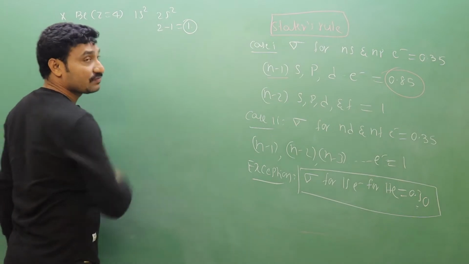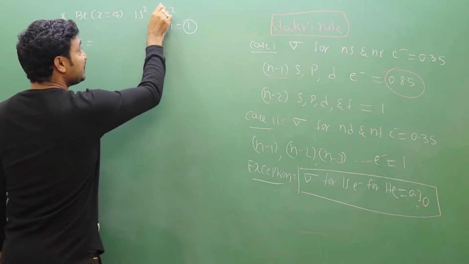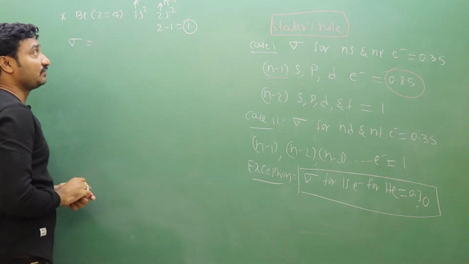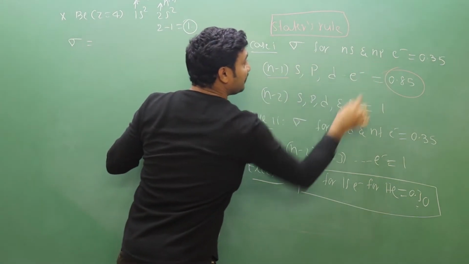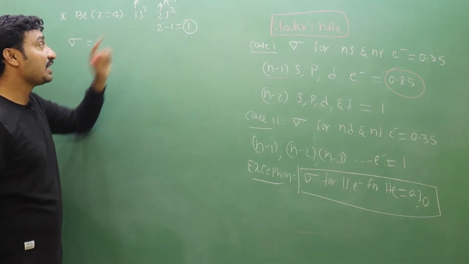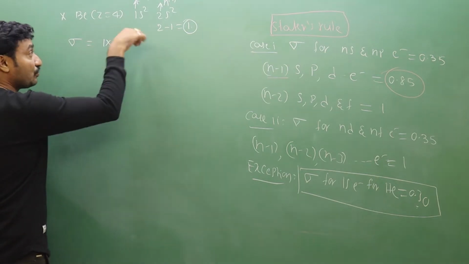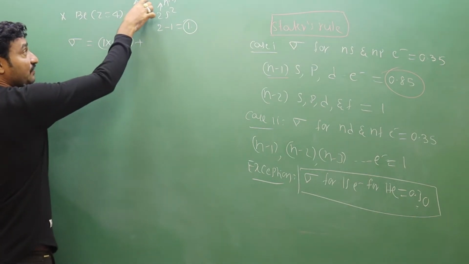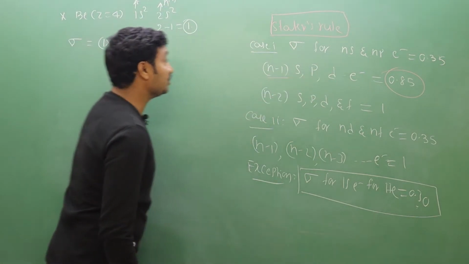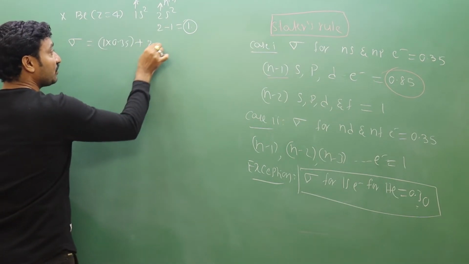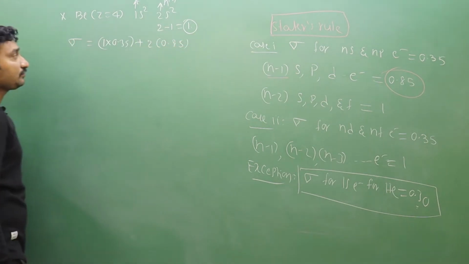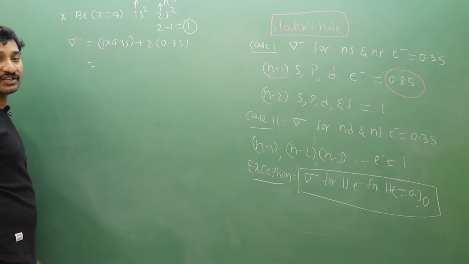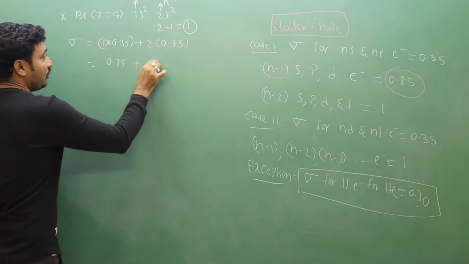After excluding one electron, one more electron remains, which is present in the nth shell. In the nth shell, s and p electrons are 0.35, so 1 into 0.35, plus in the n minus 1 shell, spd electrons are 0.85, and there are 2 electrons, so 2 into 0.85 equals 1.7.